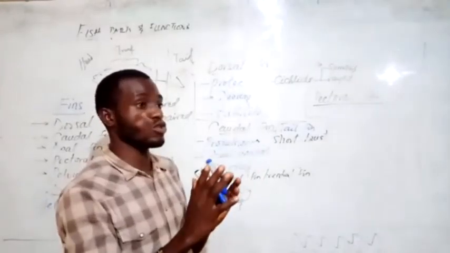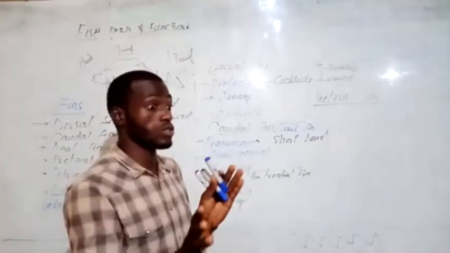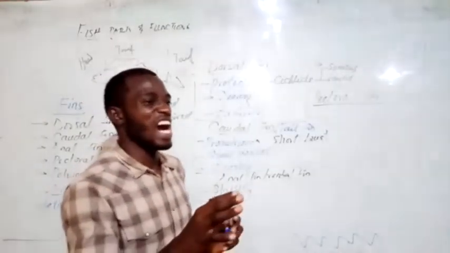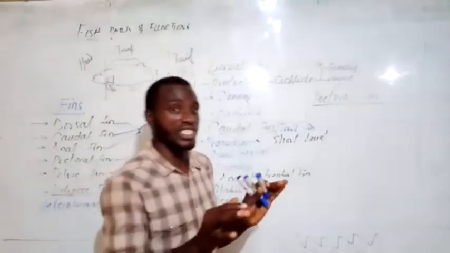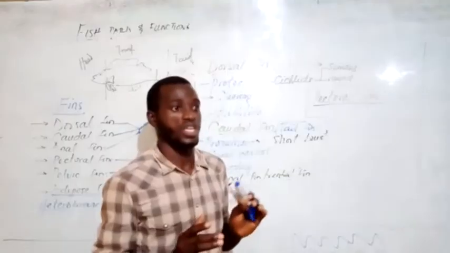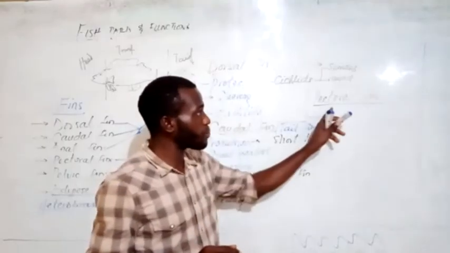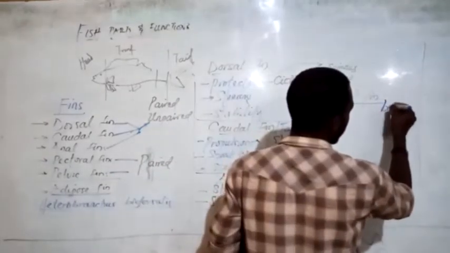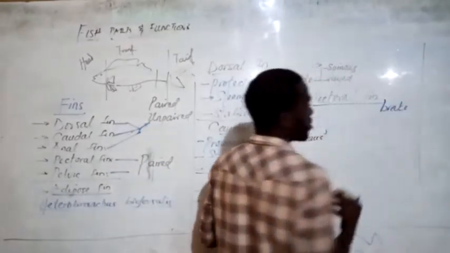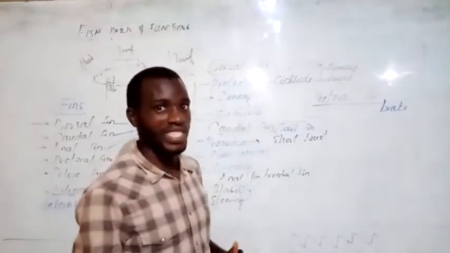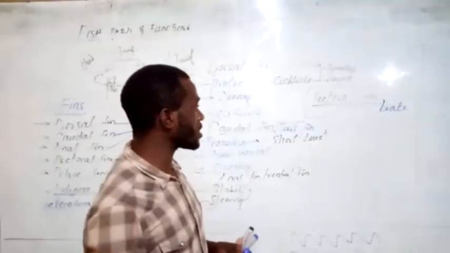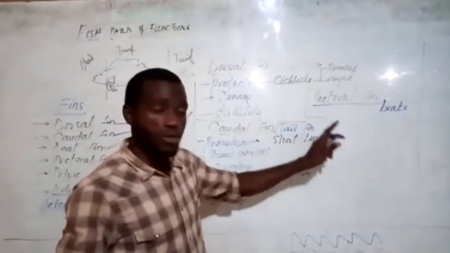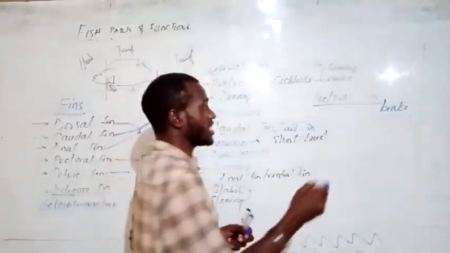Now, the pectoral fin is used for balancing itself, not really balancing. It's used for when the fish is staying in one position. It uses the pectoral fin like a sort of brake to stop movement, and it also uses the pectoral fin to change direction.